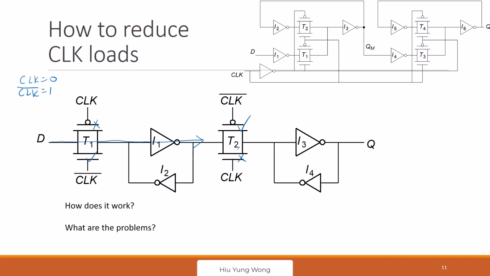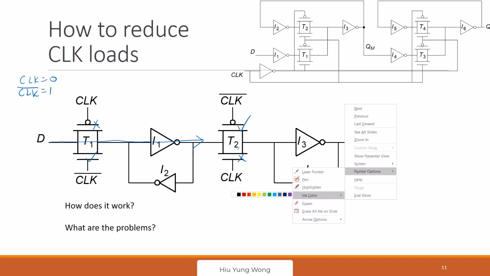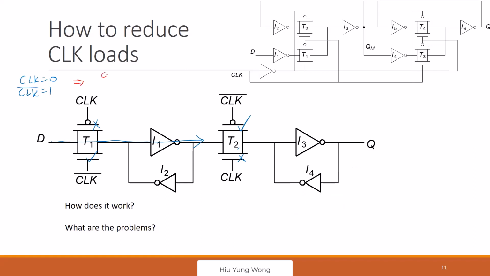And then when the clock becomes high, so clock bar becomes low, what will happen? This one will be closed, this will be on, this will be closed, this will be on, and then you copy this one to here.